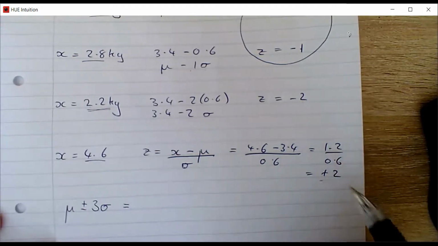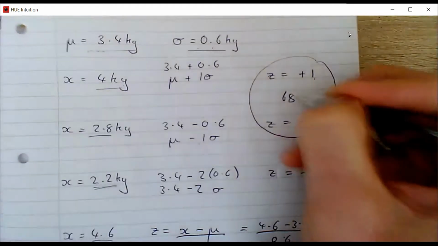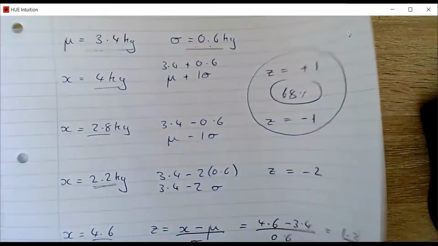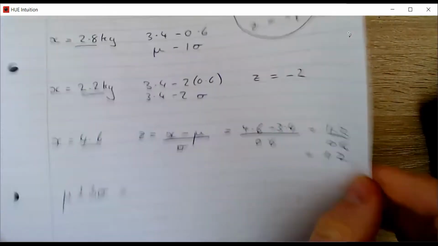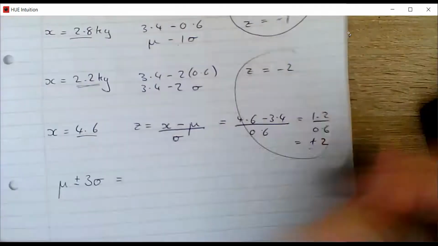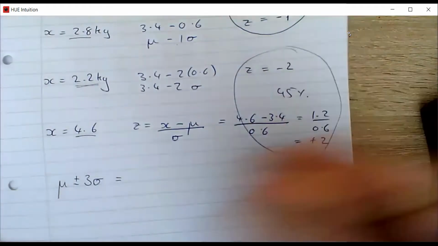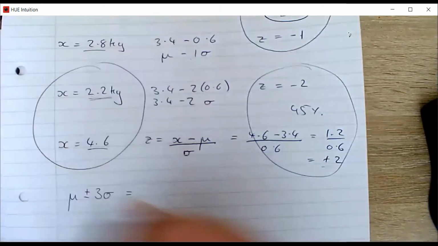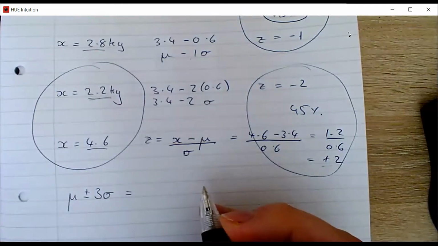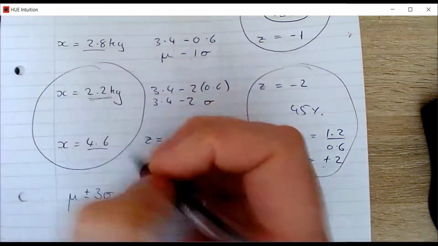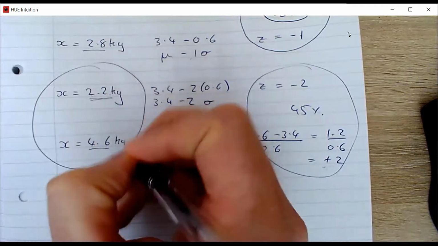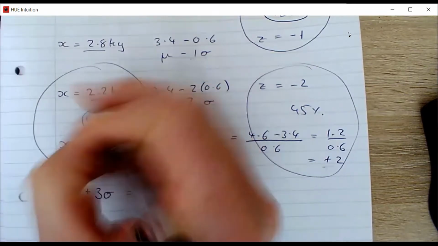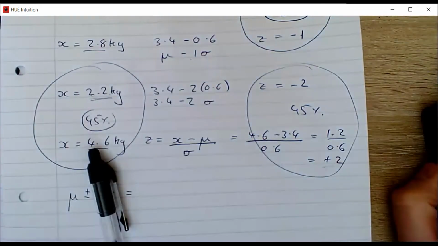So again, there's a rule: if 68% of values on a normal distribution lie within one standard deviation, 95% of values lie within 2 standard deviations. So in our diagram, we'll say 95% of the birth weights are between 2.2 and 4.6 kilograms. Let's just go back and have a look, see if intuitively that makes sense.